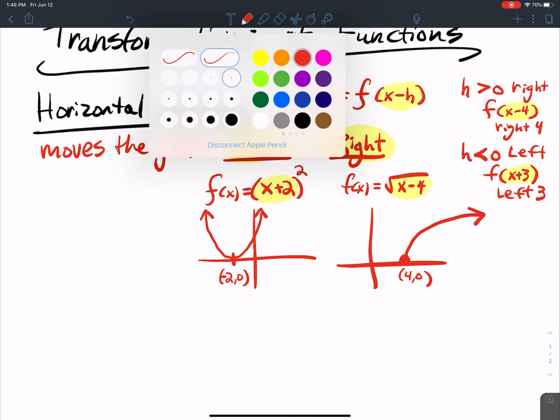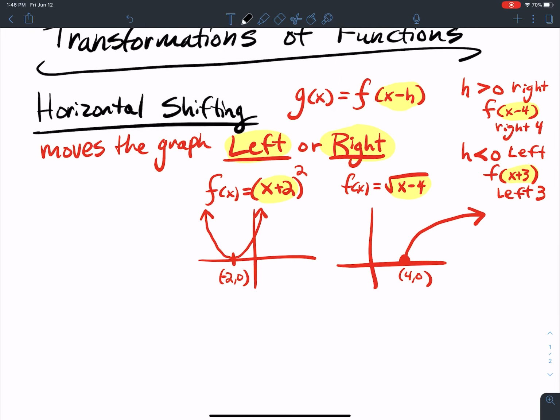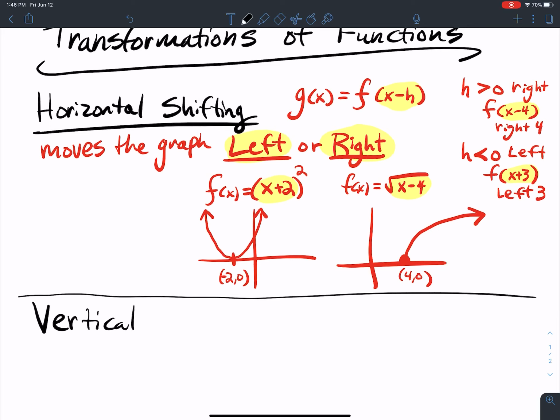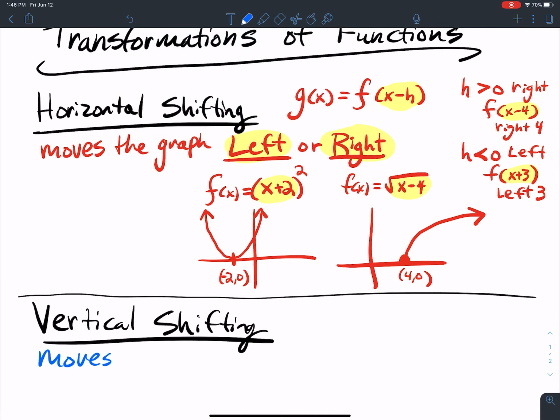For the next trick, we're going to do vertical shifting. Vertical shifting moves the graph up or down.